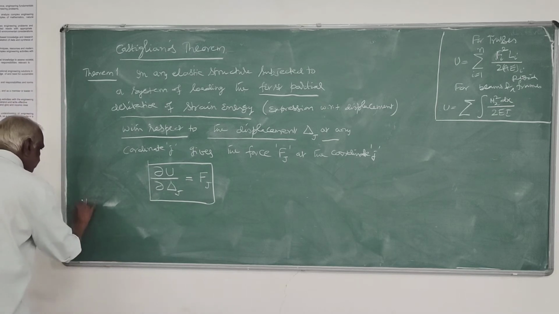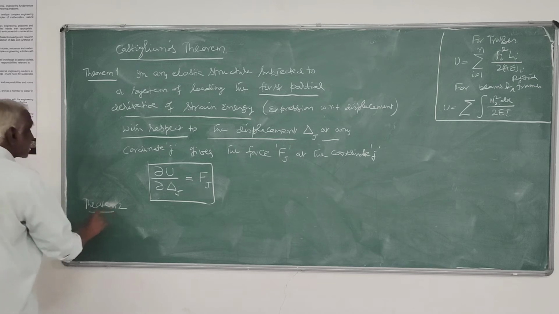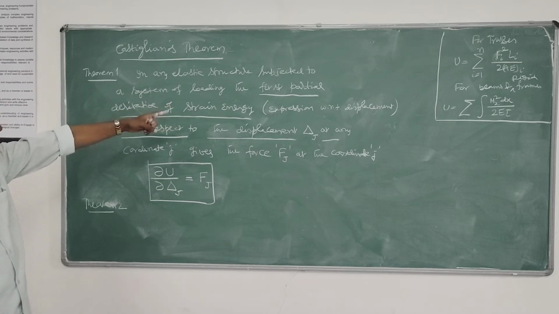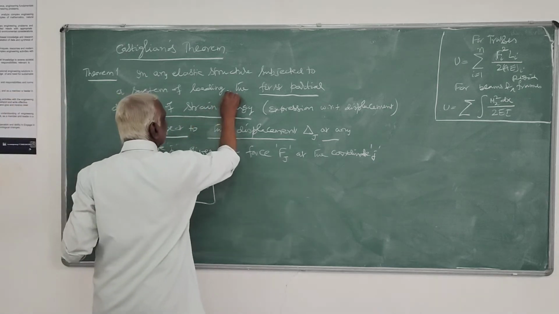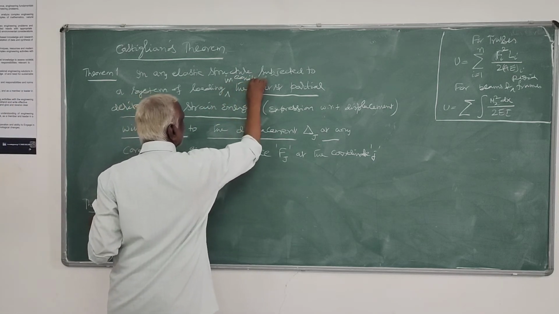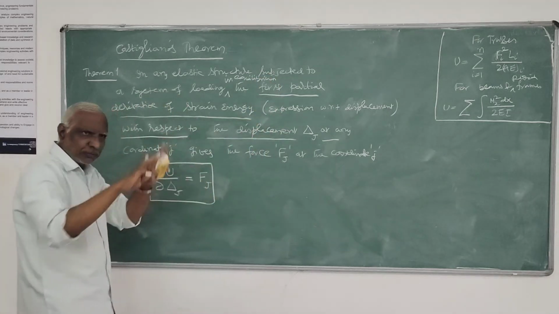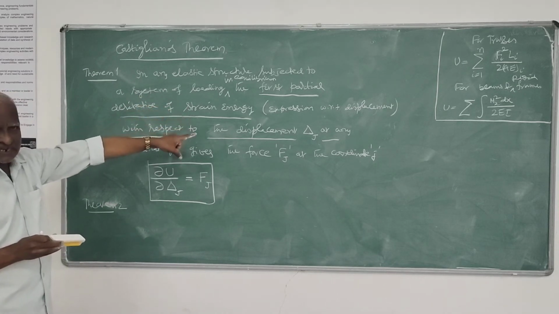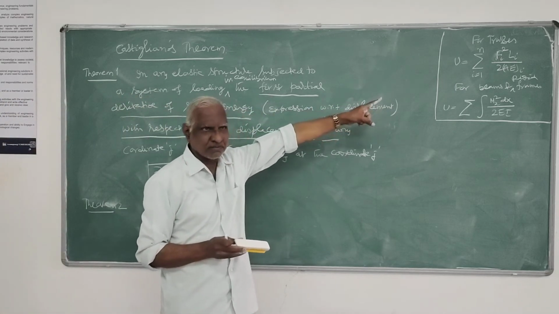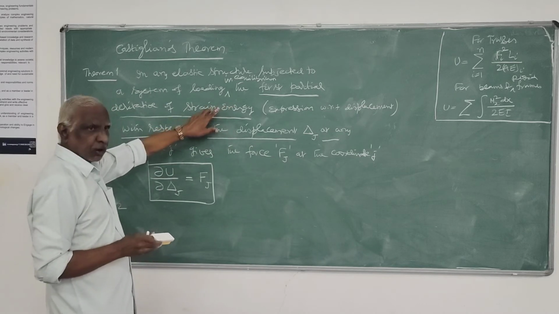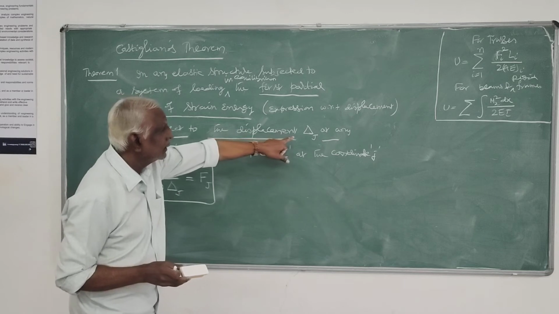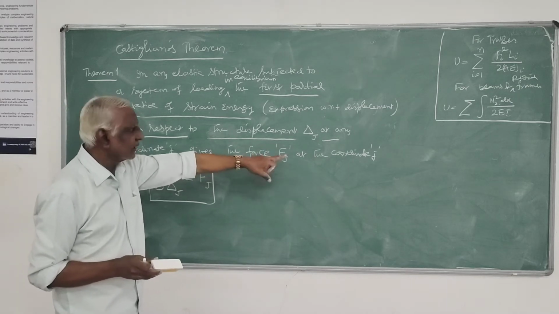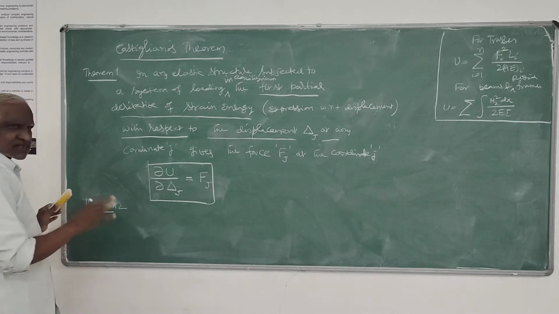Next, theorem 2. It is similar to this. In any elastic structure subjected to a system of loading in equilibrium, that is also another important thing, that structure when subjected to load should be in equilibrium, then the first partial derivative of strain energy expression with respect to the force Fj acting at any coordinate gives the displacement delta J at the coordinate J. So that's all the change.